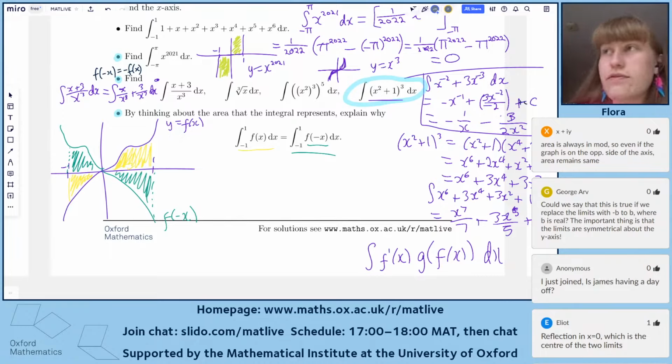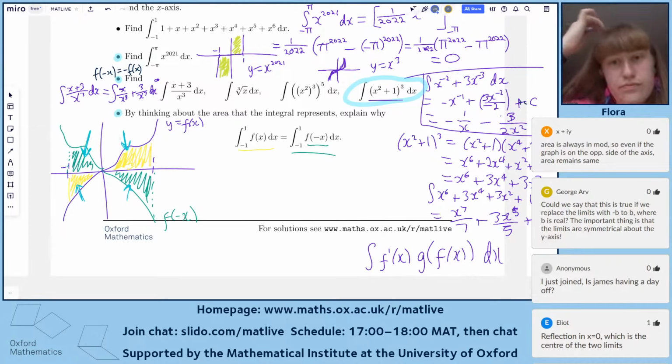And now hopefully from graphs and transformations and just from the idea of reflection in a basic sense, you can see that we have two areas that are the same here and here, and two areas that are the same here and here. So once you think about the diagram, it becomes clear that the areas are going to be the same, because it's just the top area minus the bottom area, and when it gets reflected, you have the same areas, just in a different place.